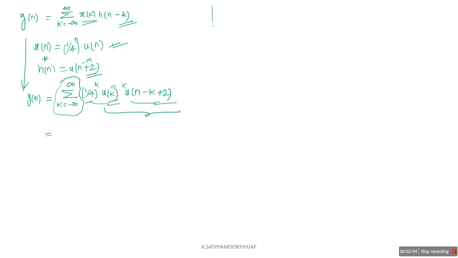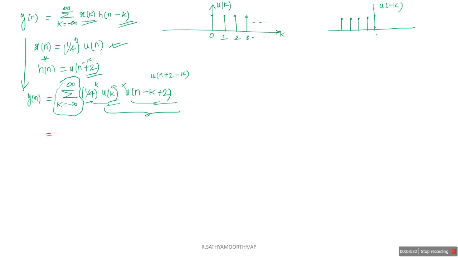Let's say we have this signal, u of k, with index k. This is the unit step signal u of k. And this can be written as u of n plus 2 minus k. First we write u of minus k, which extends over 0, minus 1, minus 2, minus 3, minus 4.